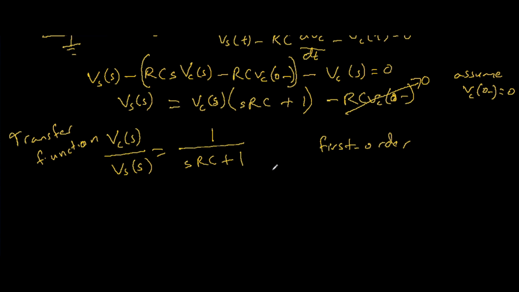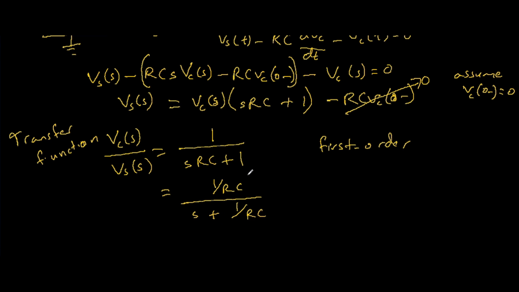We know that. Secondly, in many cases, we often tend to write this expression as 1 over RC over S plus 1 over RC. We could choose to write it this way. All I've done is divide each term by RC.